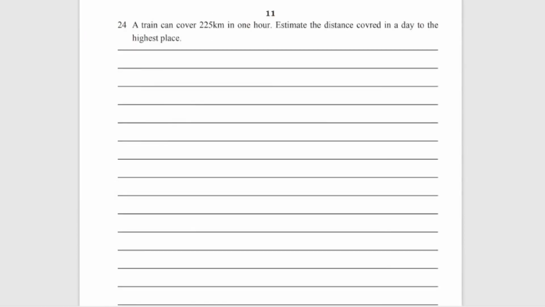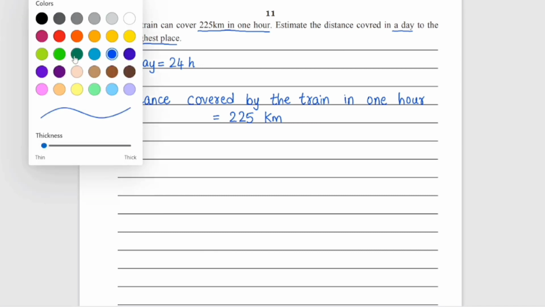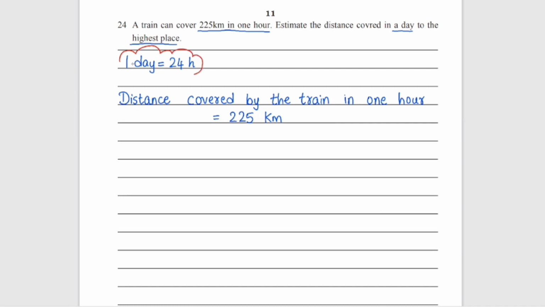The next question: a train can cover 225 km in 1 hour. Estimate the distance covered in a day to the highest place. We know that in a day there are 24 hours. So distance covered by the train in 1 hour is equal to 225 kilometers. Let's find what will be the distance covered by the train in 24 hours.